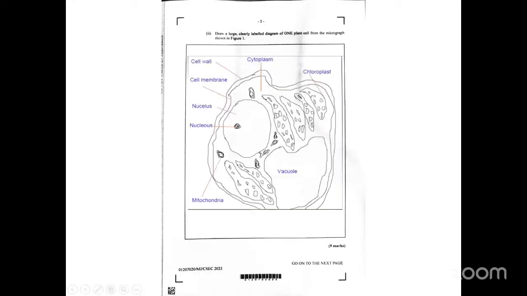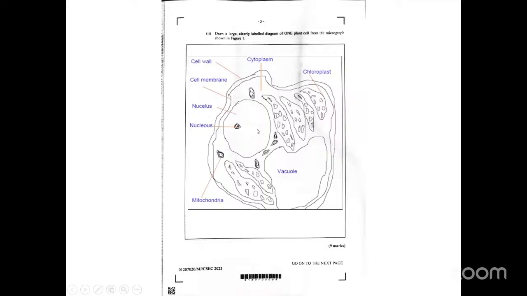In the interest of time, remember that we have to draw from the labeled figure 1, so we have to replicate this. We can't just draw a plant cell that's in our books.